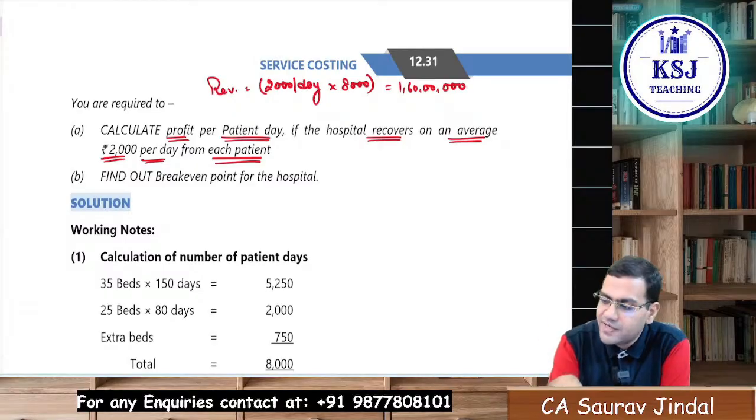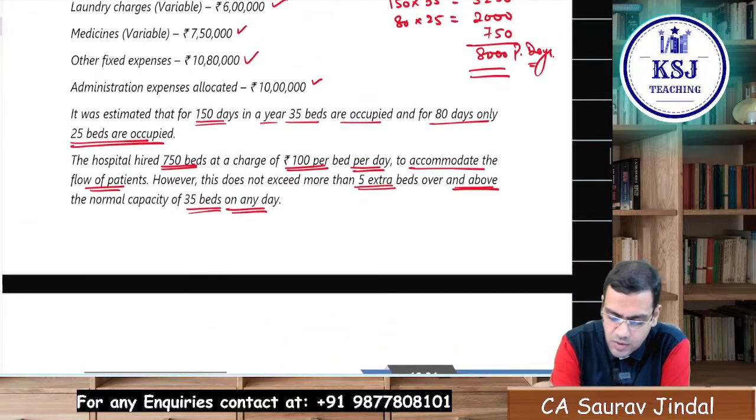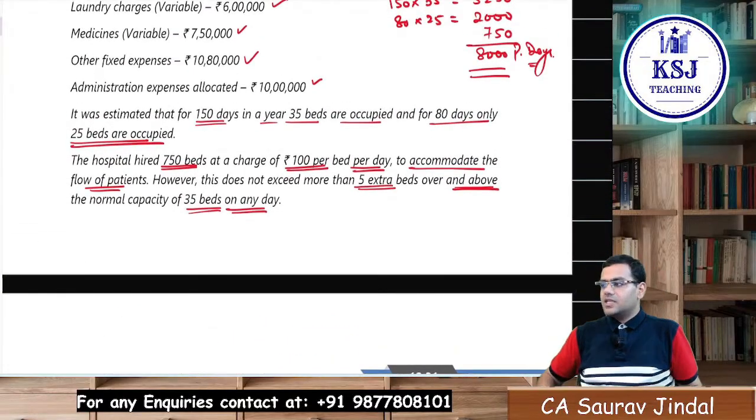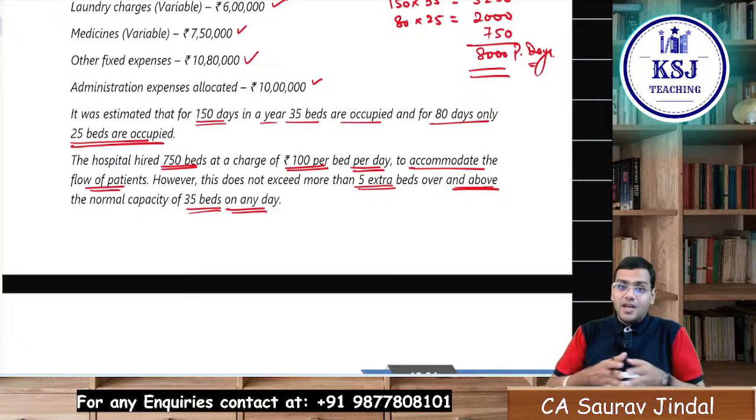See, 150 days into 5 beds, okay, you can do it, but otherwise we do not know that those 5 were during those 150 days only. It can be any time during the whole year. So all in all 750 beds, simple, no need of doing 150 days into 5 beds.